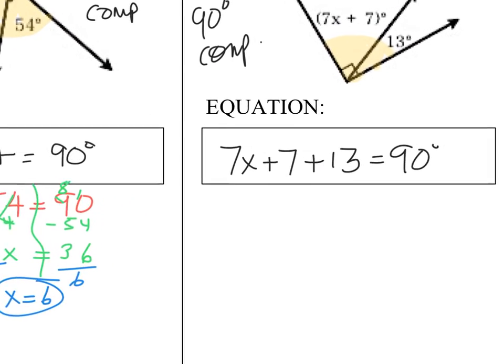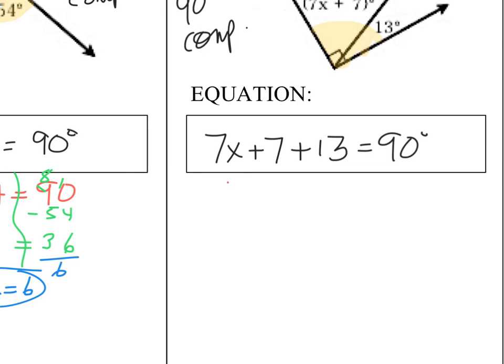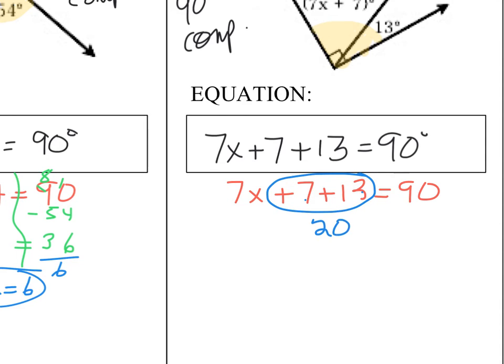All right, what do we do here on this one? Okay, combine right there. 7 plus 13 is going to be 20.